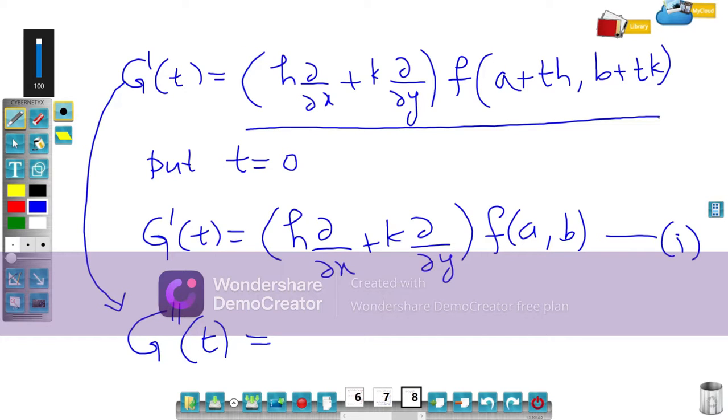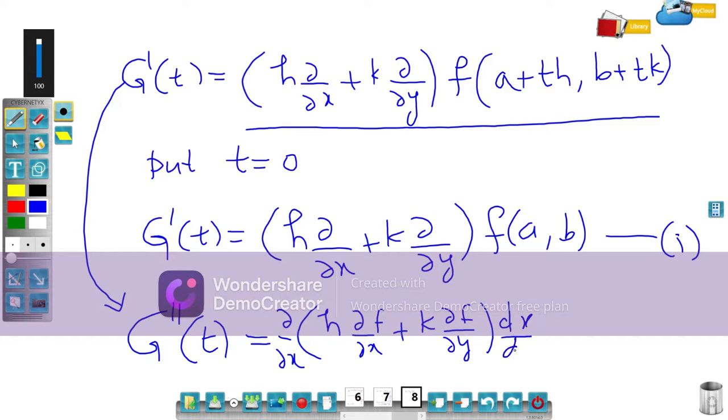So if I want to find the double derivative of this, then how will it be? It will be dou by dou x of h times dou f by dou x plus k times dou f by dou y, into dx by dt, plus dou by dou y of h times dou f by dou x plus k times dou f by dou y, into dy by dt.